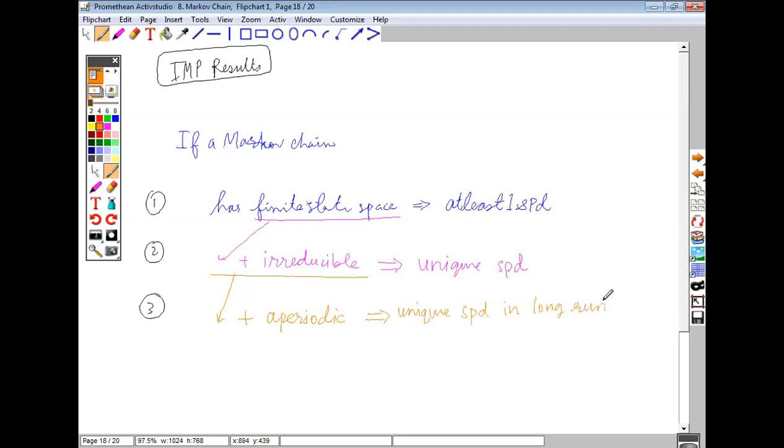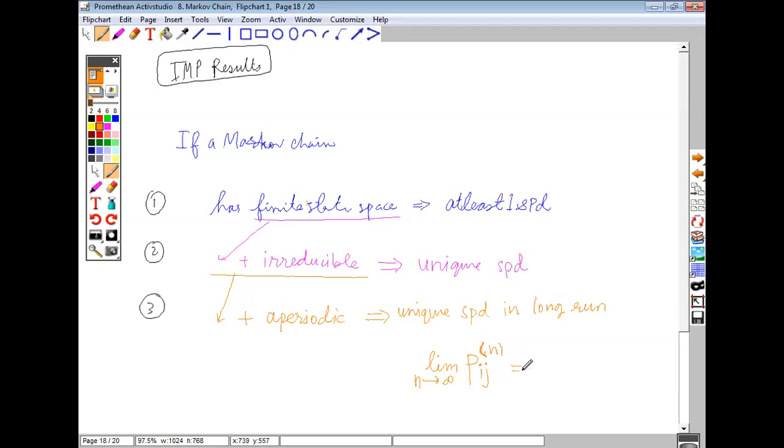Whenever I say in the long run, it means that it's going to be there forever, right? So to formally write this, you will rewrite it like this. Let us say I check the probability that I start in state i and go to state j in n time steps. And whenever I'm talking about the long run, let me take limits where n goes to infinity.